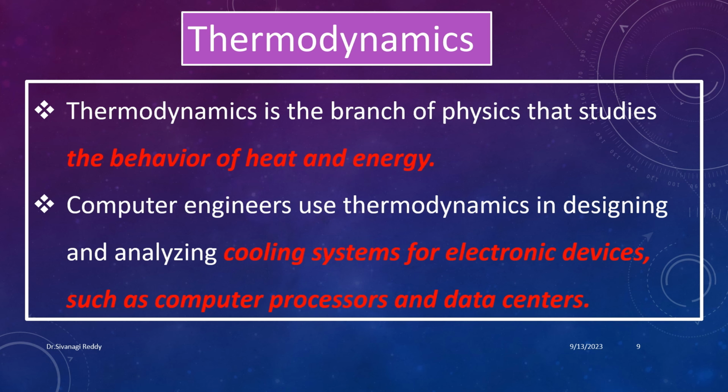So heat will be generated. Electronic boards, computer processors, and data centers, wherever data is stored, all these places require cooling. Whether cooling is required or not, how much the temperature is rising above normal, and how the device behaves as the temperature changes, we can understand by understanding the physics principles.